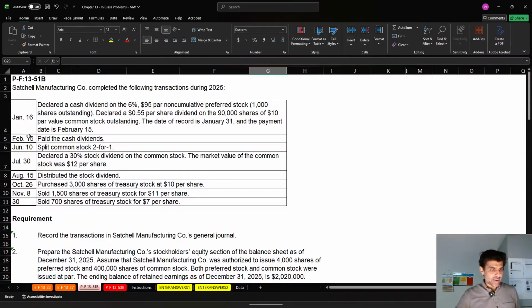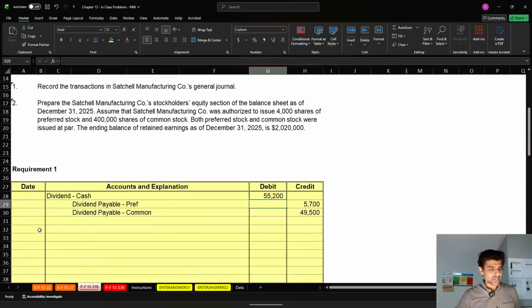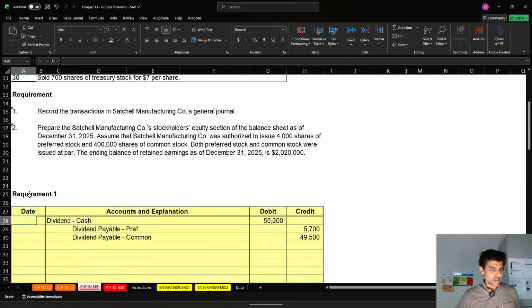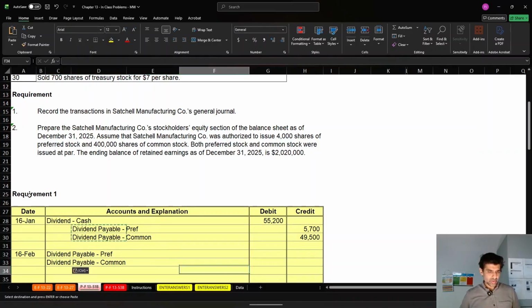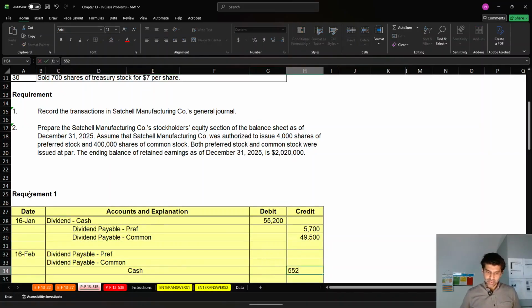And then the second transaction on February 15th is we pay the cash transaction. So again, this was January 16th. On February 16th, we're now going to distribute the cash. So these two are going to go to zero. We're going to credit cash, 55,200.